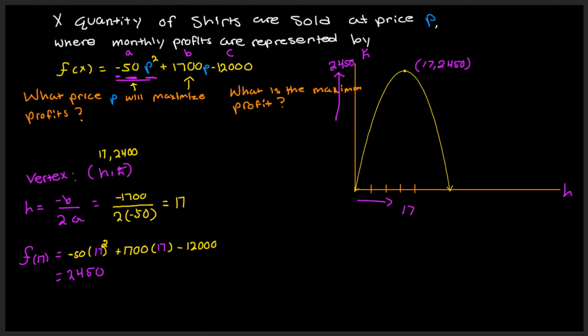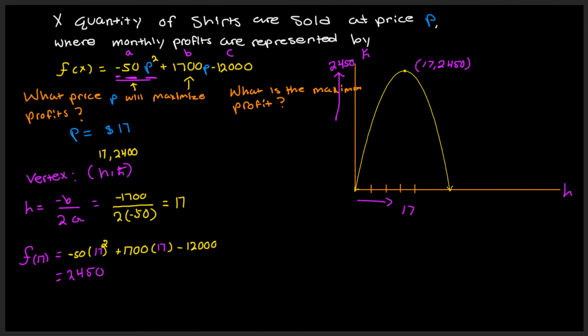So P is going to be your price at which your parabola maximizes. P equals a price of $17. Now it may be euros, or whatever is in your word problem is what your answer will be. This particular question was dollars, if I recall, so we'll put a price of $17 will maximize the profits.